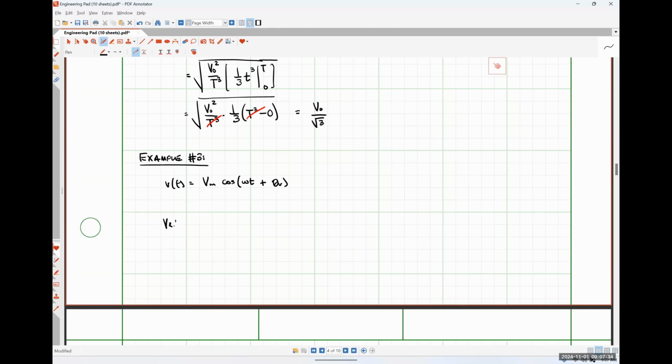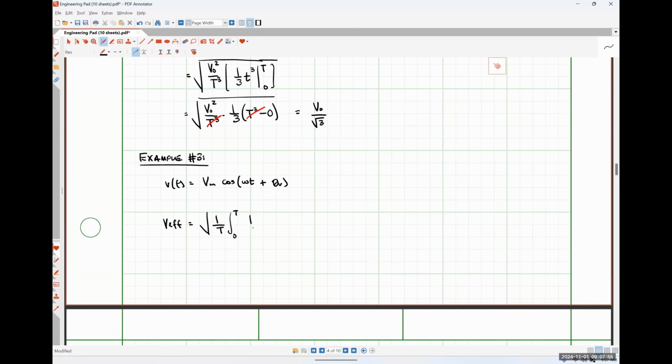The effective value is going to be the square root of 1 over capital T times the integral from 0 to capital T of, using that trig identity from before, where I subtract the angles and then add the angles, the one that I used on the first page.